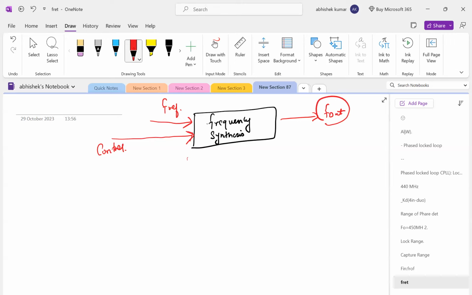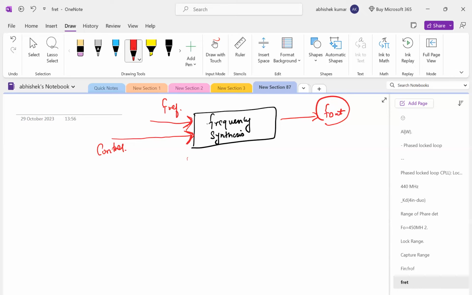With the help of the control, depending upon the control value, the f reference is fed in and the f out will change. Are you understanding how it works? Depending upon the control value, you get that much f out.